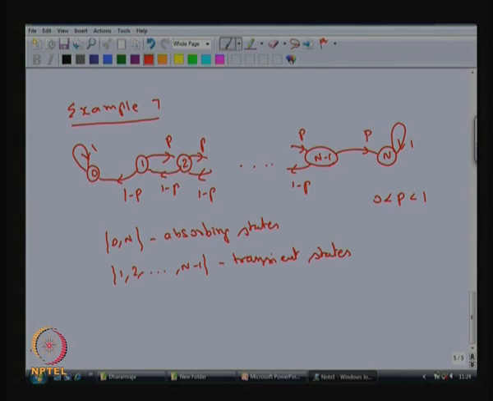Therefore, we can come to the conclusion that this is a reducible Markov chain of the type with transient states and a few absorbing states. So, with this let me stop the examples of classification of states.